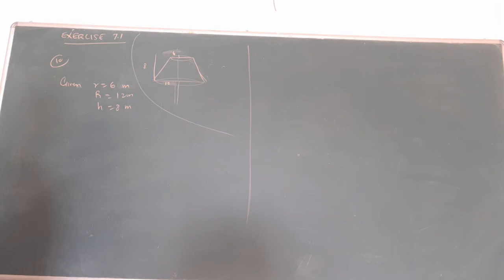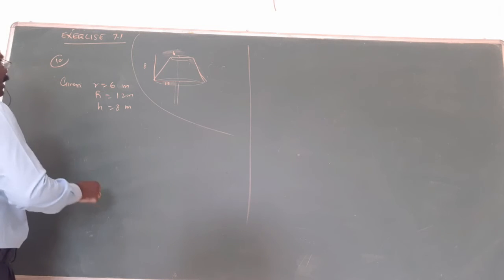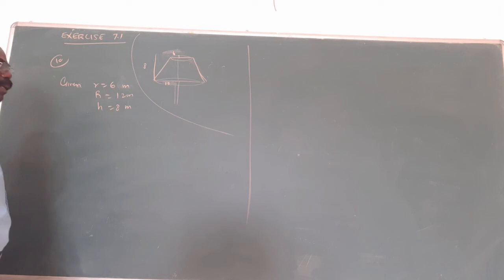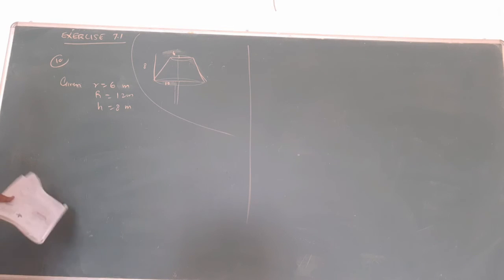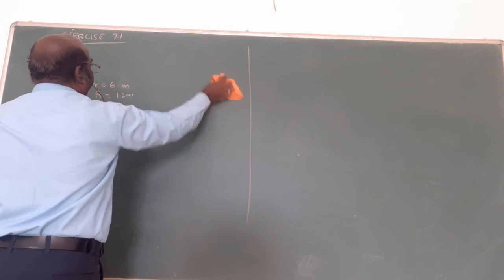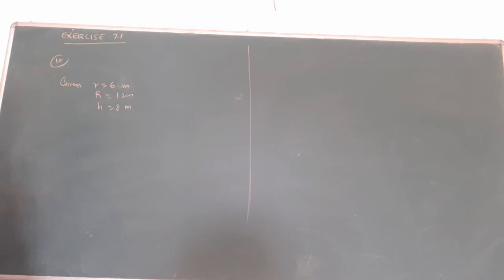From the diagram you have to get the values of small r, capital R and H. That's very important.